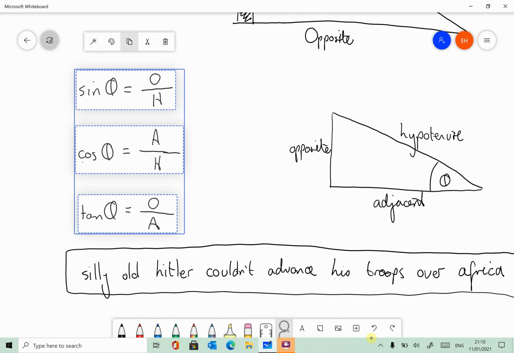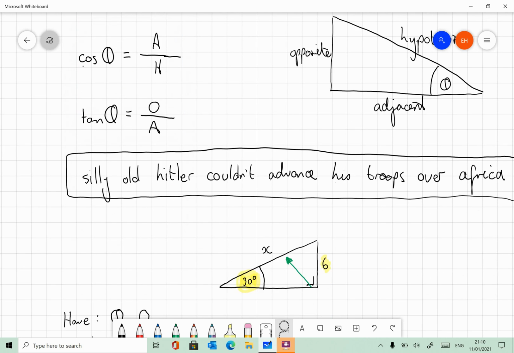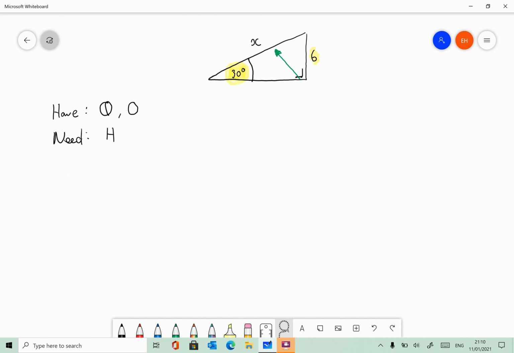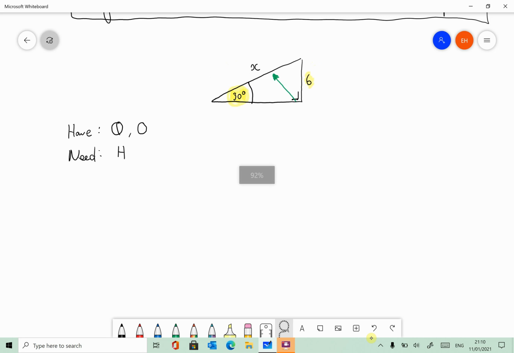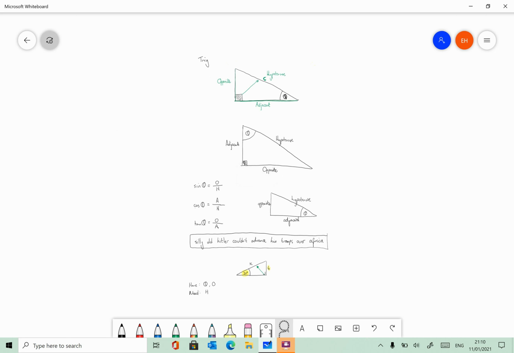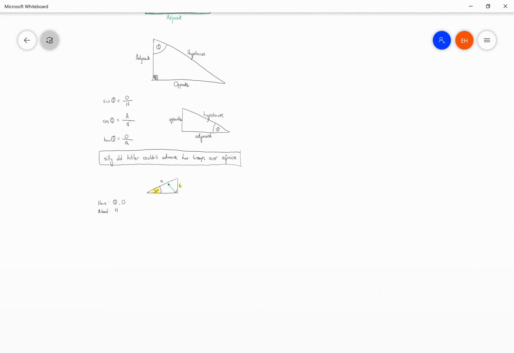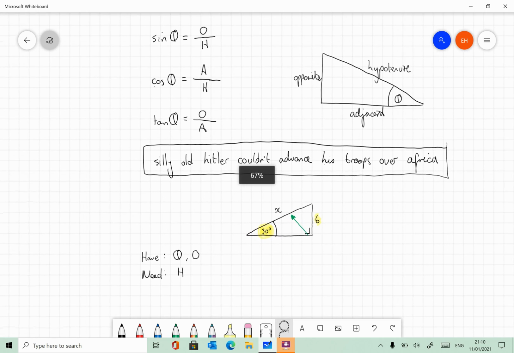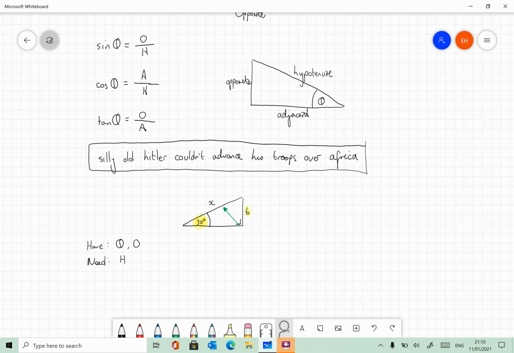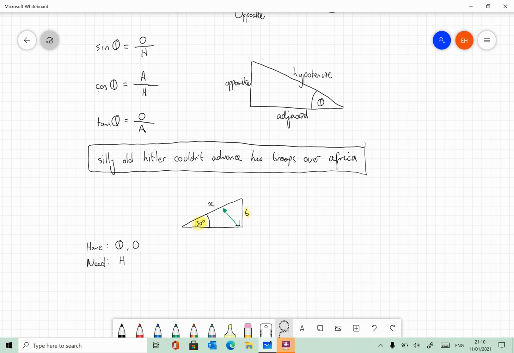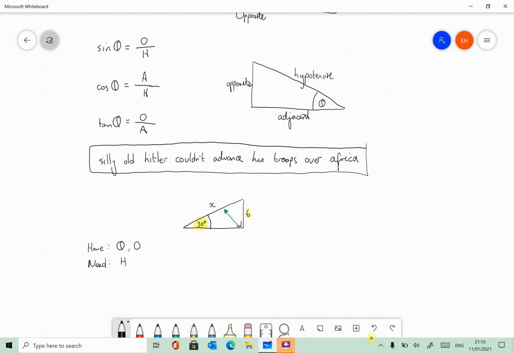Let's put them over here somewhere. So we have theta and we have O, and we're looking for H.